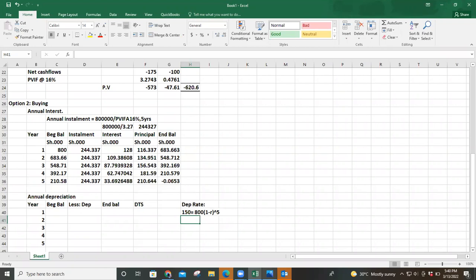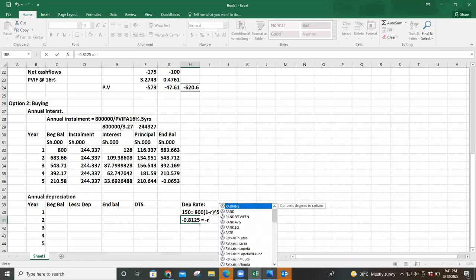So if we do that, we subtract 1, giving negative 0.8125 equals negative R raised to power 5.